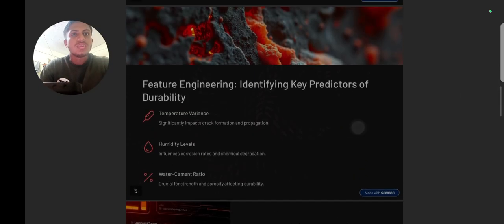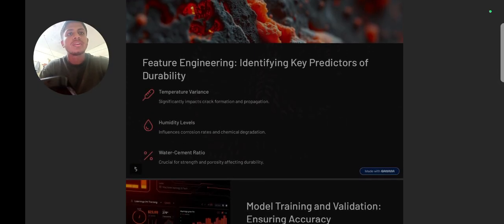The next one, identifying key predictors of durability. Identifying key predictors of durability under different environmental conditions is a crucial task in ensuring the longevity and performance of concrete structures. Now, durability refers to the ability of concrete to resist environmental influences like moisture, temperature, chemical exposure, and physical wear without significant degradation over time.